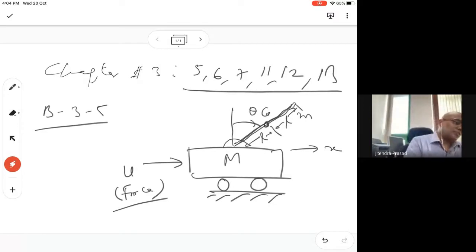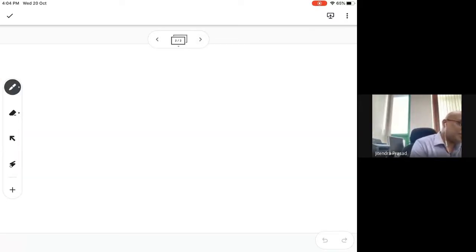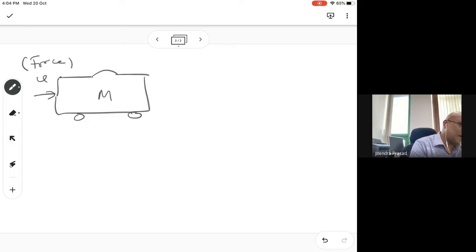Okay, so then how to solve it? Always start with the free body diagram. So we have big mass M here, and U, which is a force, is given like this, then there will be reaction forces, right?